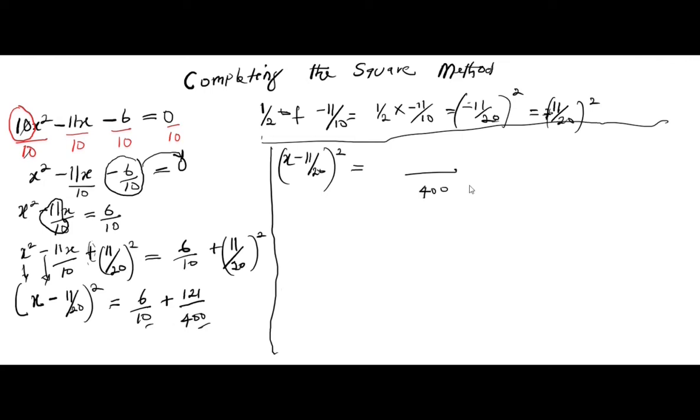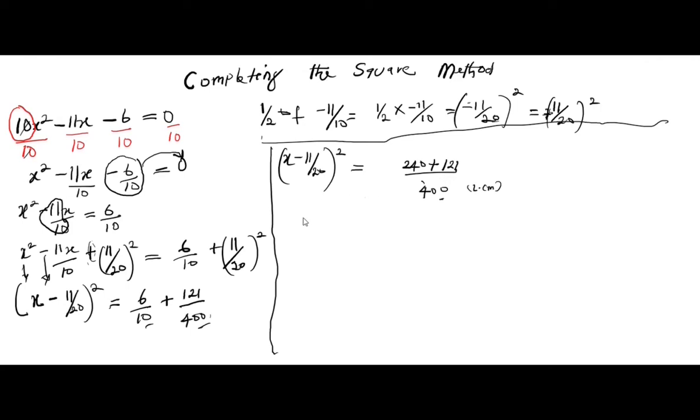So that is the LCM. 400 divided by 10 is 40, and 40 times 6 is 240, plus 400 divided by 400 is 1, 1 times 121 is 121 here.